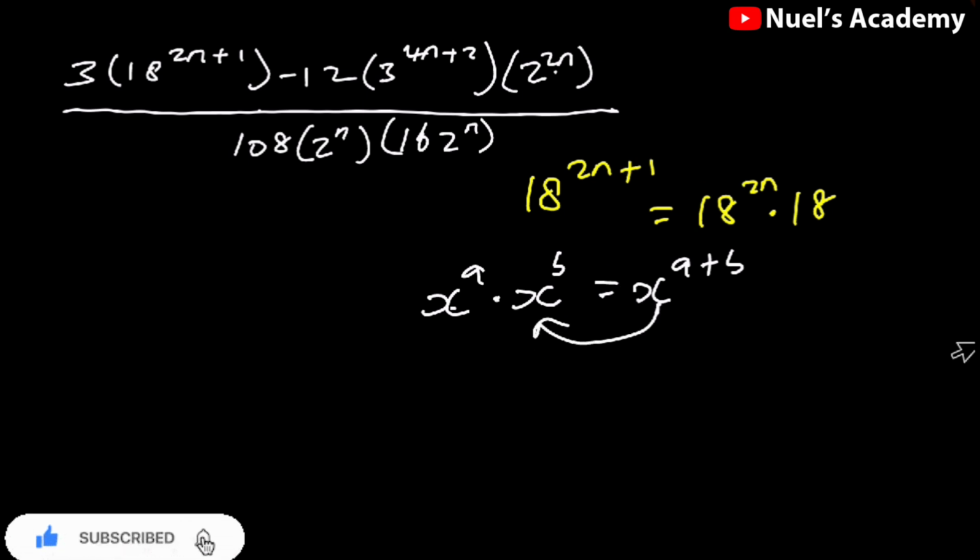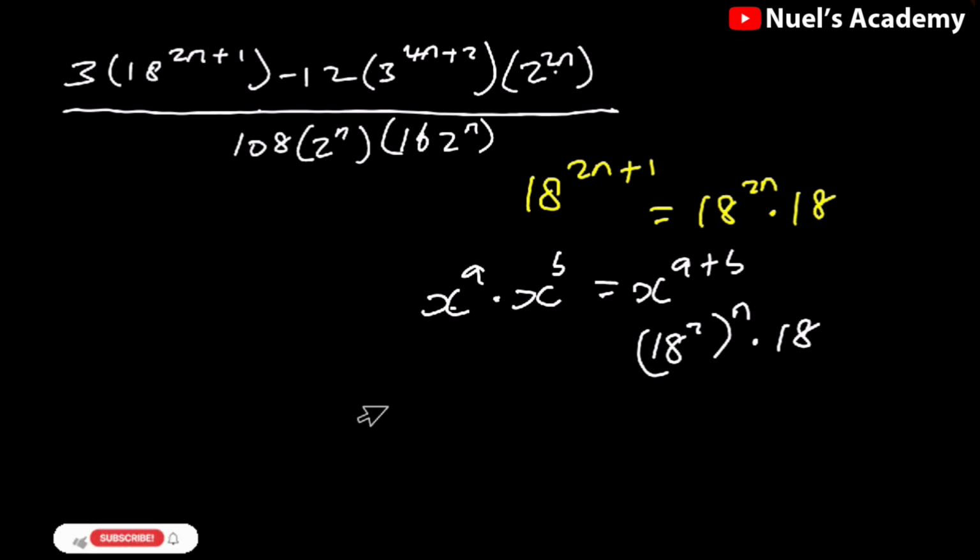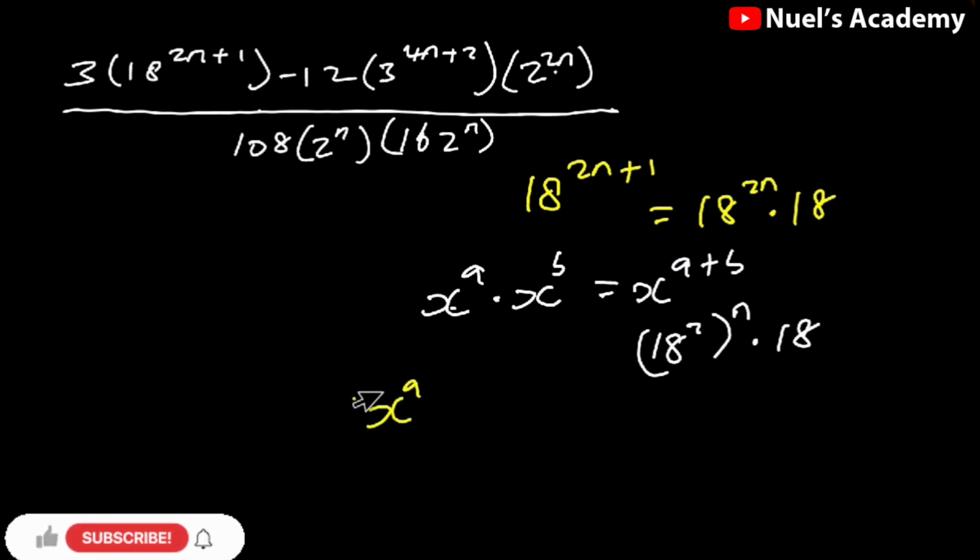Remember, depending on the nature of the question you're solving, you can either go from this to this or from this to this, just so you know. Now this 18 raised to the power 2n can be written as 18 raised to the power 2 all raised to the power n. Then let me bring down multiplied by 18 here. This is gotten from the law that states that x raised to the power a multiplied by b is equal to x raised to the power ab, that is, by multiplying the exponents.